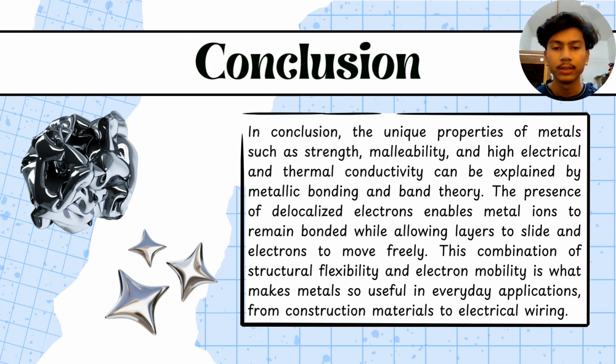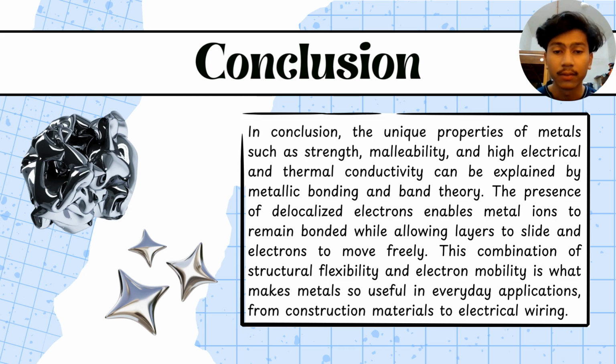For the last one, the conclusion. In conclusion, the unique properties of metals such as strength, malleability, and high electrical and thermal conductivity can be explained by metallic bonding and band theory.